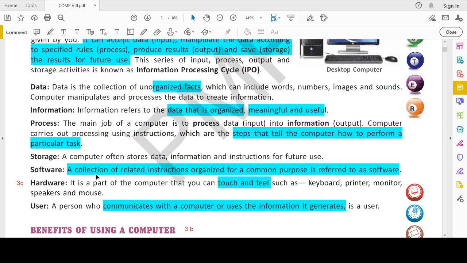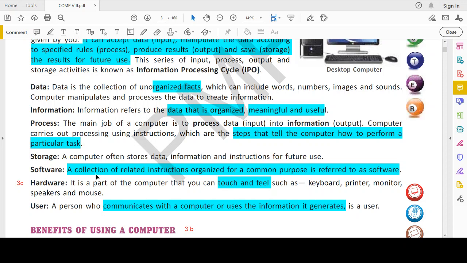So softwares you need to use to feel their presence. When they are installed on your computer, you can use them and get the benefits out of it. But hardware you can touch and feel and use it for your purpose. Like you are giving input through a hardware, like an input device.